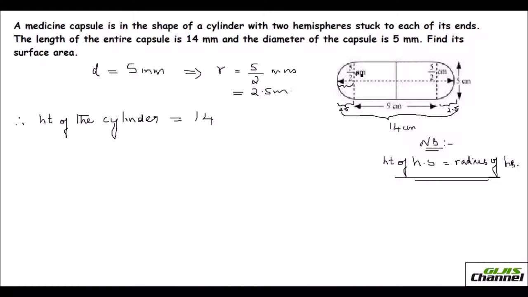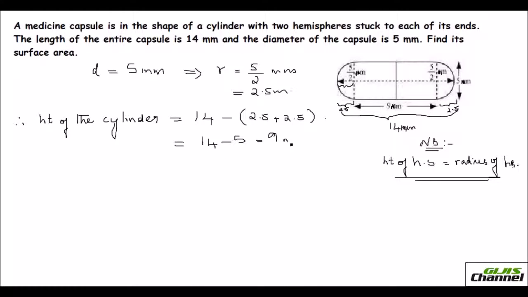I have written it as centimeter everywhere, so just change it to millimeters. Now, from the 14 millimeters, you have to take away 2.5 on both ends, because that is the height of the hemisphere. So we don't need that. For cylinder, it is just 14 take away 5, that is 9.